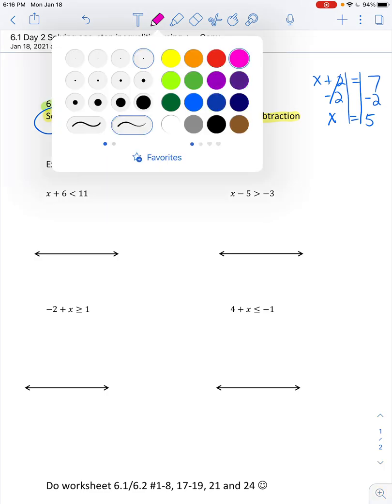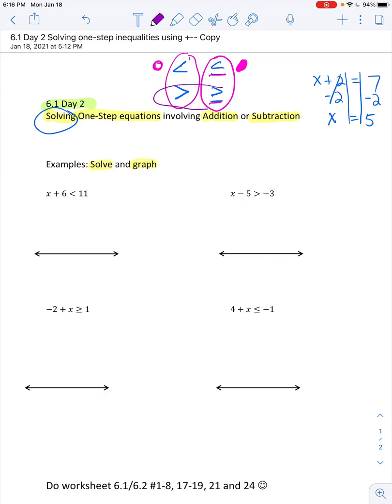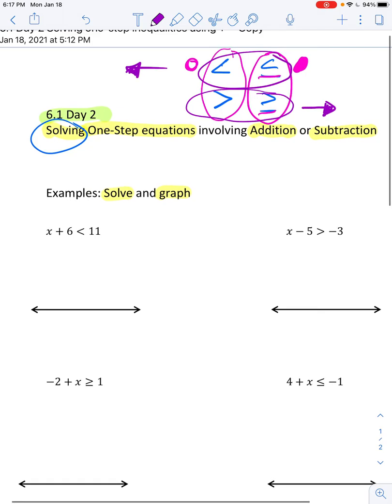Then we're going to think about the other direction and say, okay, when we go to these, which are both greater thans, that means the arrow will be going to the right because we're looking for the greater than numbers. And these two, which are less than or equal to, because these are less, you're looking for numbers to the left. So let's take a look at some examples.